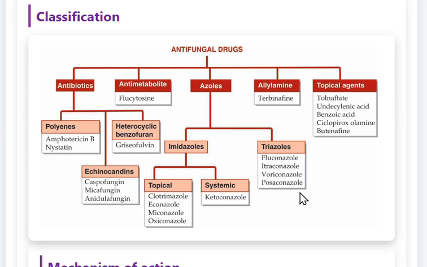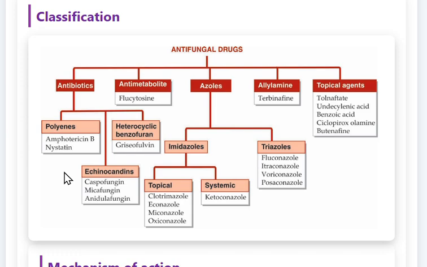Next, we have allylamines. Examples are terbinafine and naftifine. These drugs are highly effective against dermatophytes. Therefore, they're commonly prescribed for ringworm, athlete's foot, and nail infections. The next class contains only one important drug, flucytosine. Remember this drug carefully. It is almost never used alone. Instead, it is combined with amphotericin B, especially in cryptococcal meningitis.